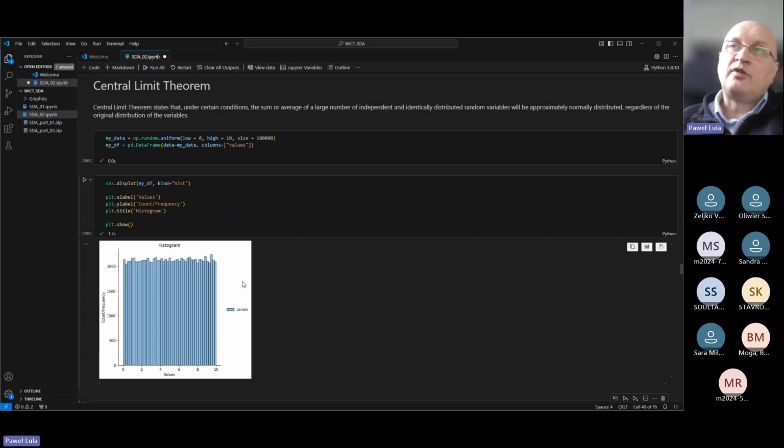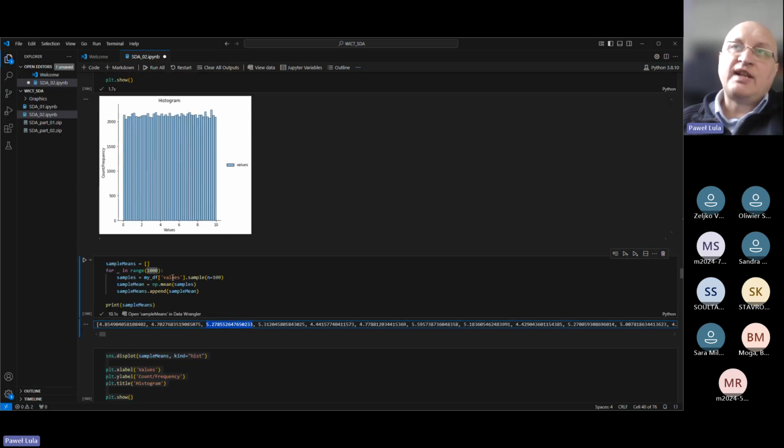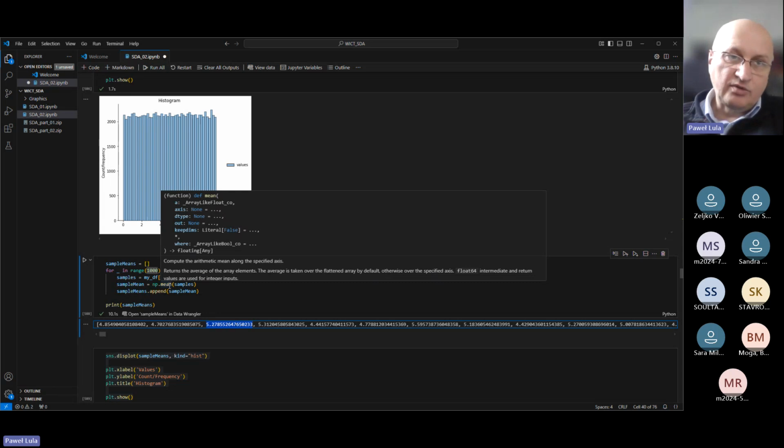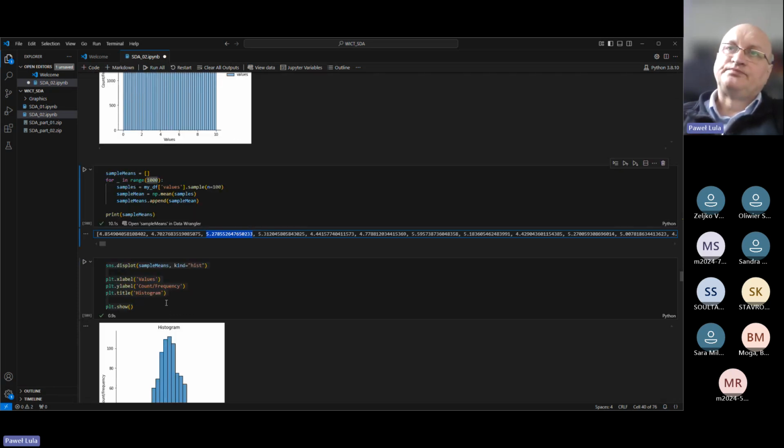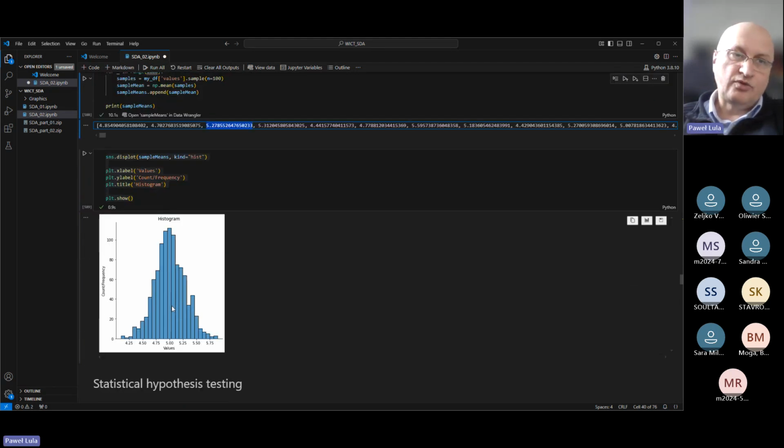The distribution of our primary data was uniform. After selecting random subsets and after calculating for every subset the mean value, here I calculated the arithmetic mean. But of course, I can calculate the sum of all elements in this subset. These means or these sums always have a normal distribution.